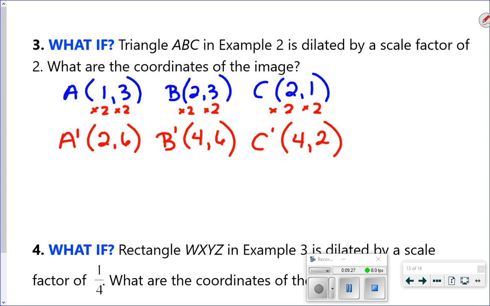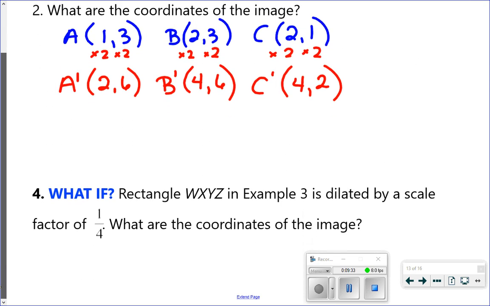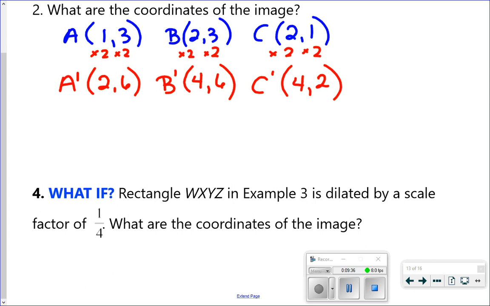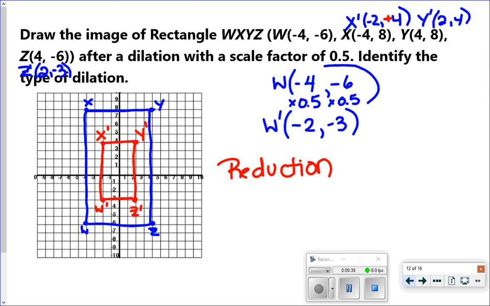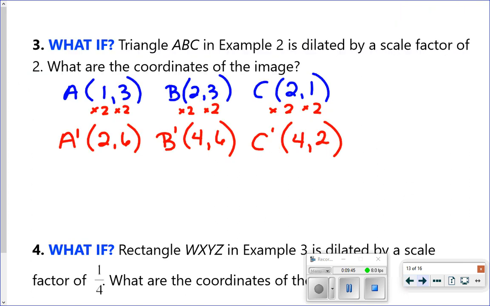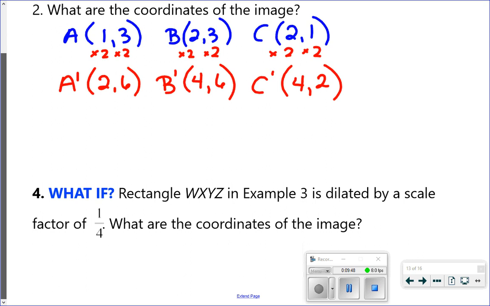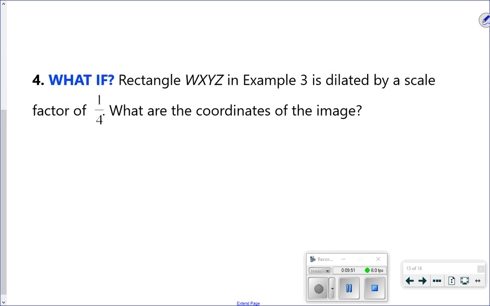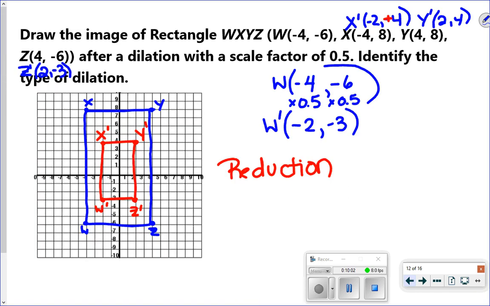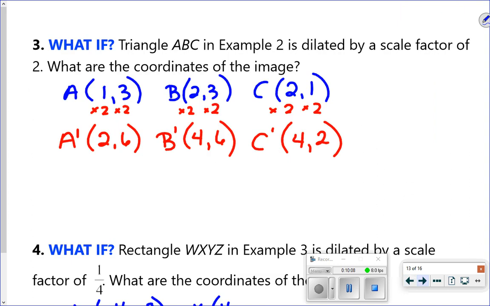All right, and then for the second one here, my scale factor is going to be 1/4. That's like dividing by 4. I need to flip back to see what my ordered pairs are here. So W was -4, -6. X was -4, 8. So let's see. Oh, my W was -4, -6.